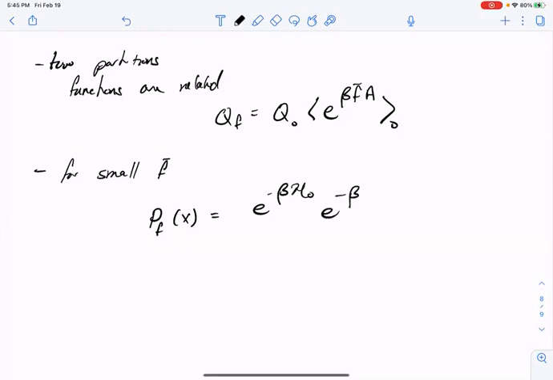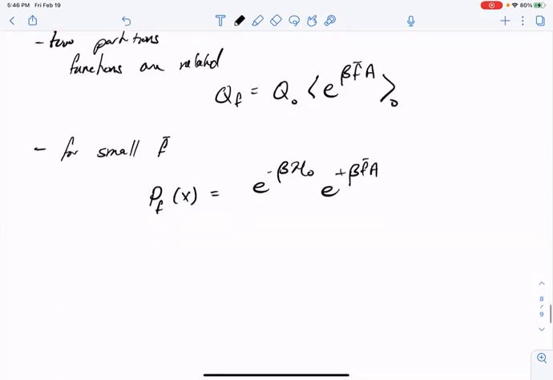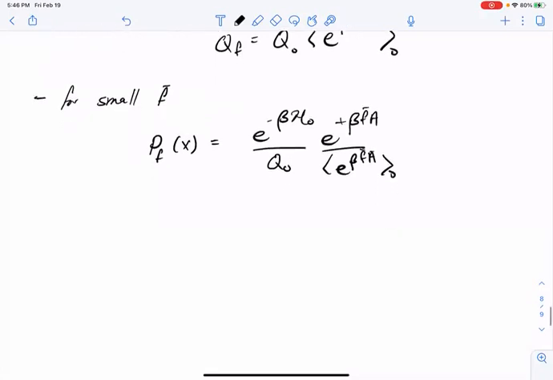This is not a quantum mechanical system, so I can separate those exponentials. Q f is equal to Q naught over this average. For small f, this is P naught always. For small f, I can Taylor expand those exponentials. There are two of them.